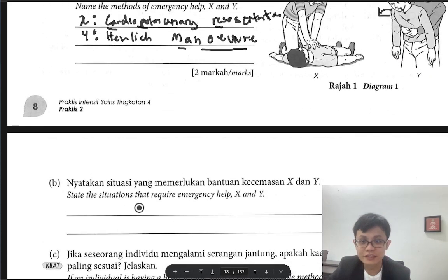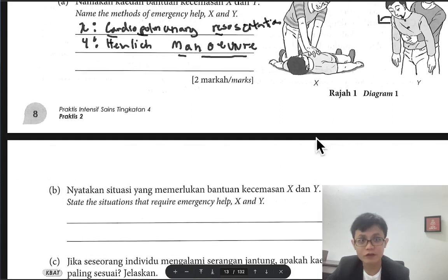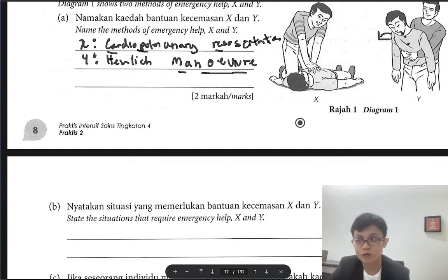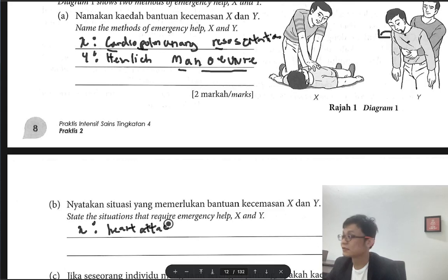Name the situation that requires emergency help of X and Y. So when we need to use X and when we need to use Y. We can say that for X the situation is heart attack, but I would make it more precise: a person is not breathing.